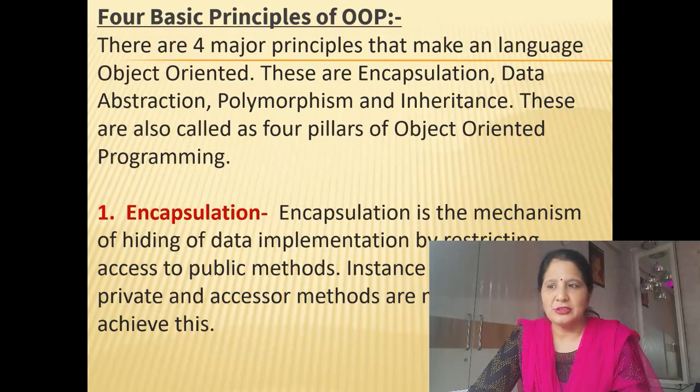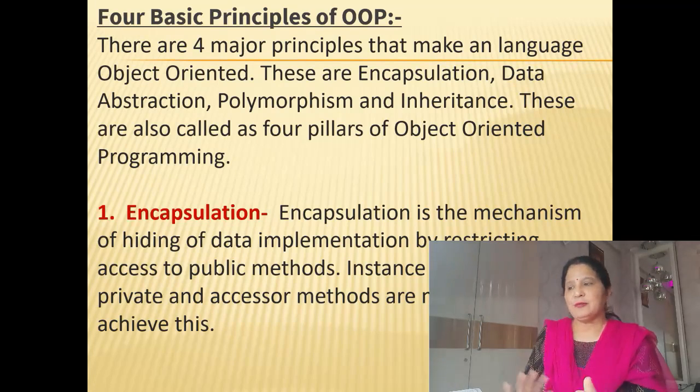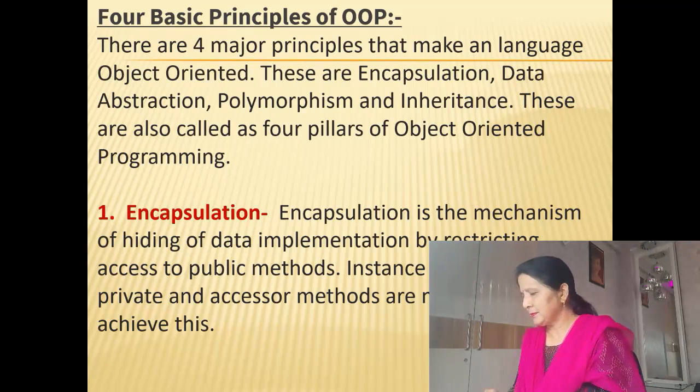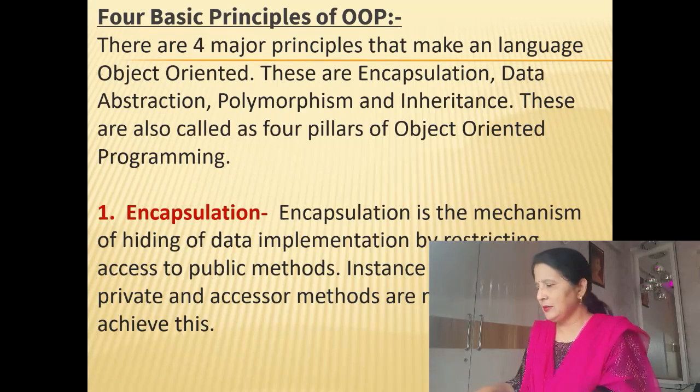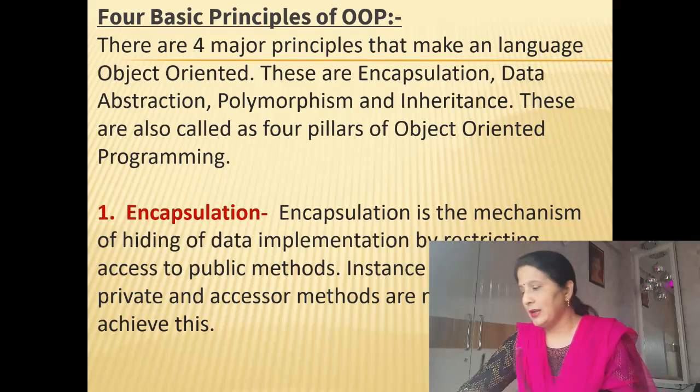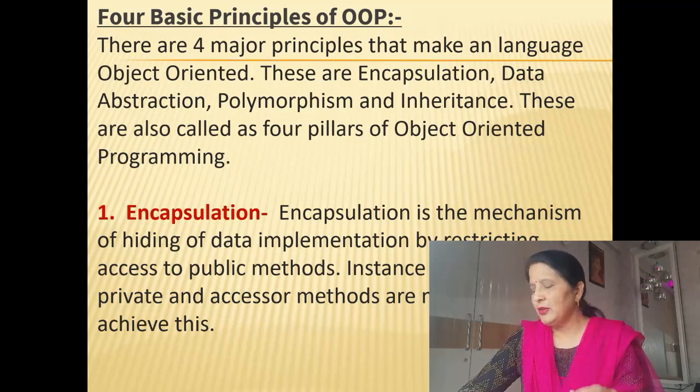First is encapsulation. Encapsulation is the mechanism of hiding data implementation by restricting access to public methods. Instance variables are kept private and accessor methods are made public to achieve this. In short form, we can say that encapsulation is the system of wrapping data and functions into a single unit.